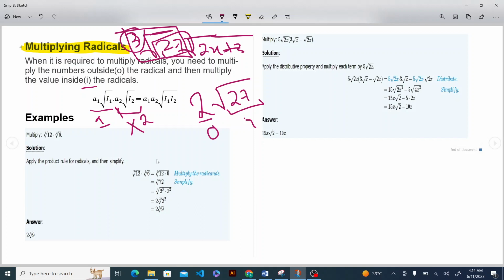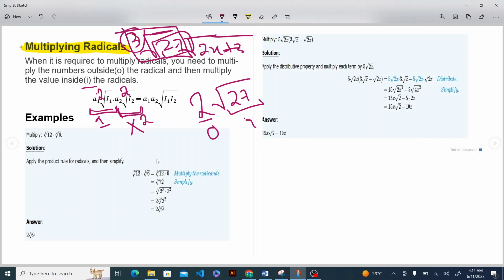As we know, if there isn't any value shown above the radical symbol, then obviously it is a square root, because by default it is square root; otherwise, if it is a cube root, it must be written there. So we are given a1 into square root I1, and we are going to multiply it with a2 into square root I2.